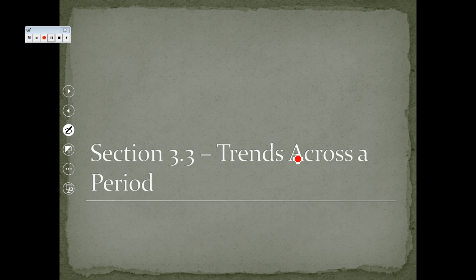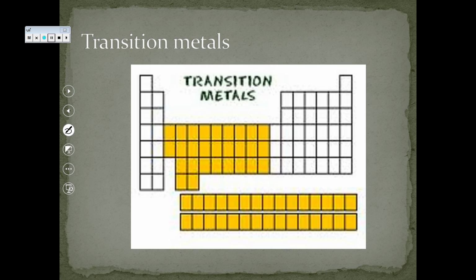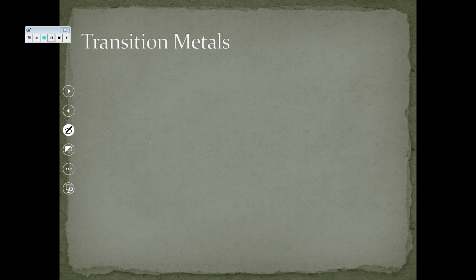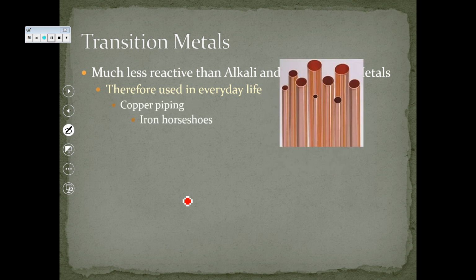Section 3.3, trends across a period. Transition metals. The transition metals are this group of metals here in between the two main towers of the periodic table. They are much less reactive than alkali and alkaline earth metals. Therefore, they are used in everyday life because they do not react as fast. Copper is used for piping.